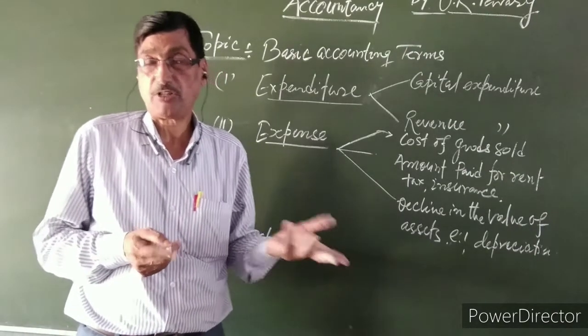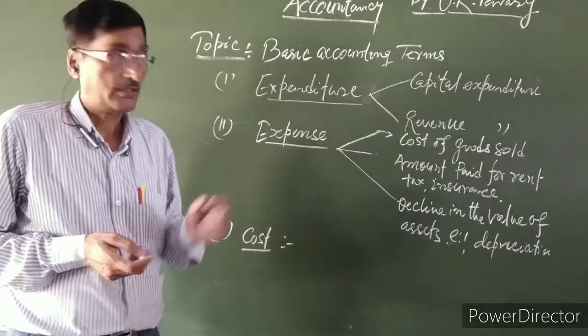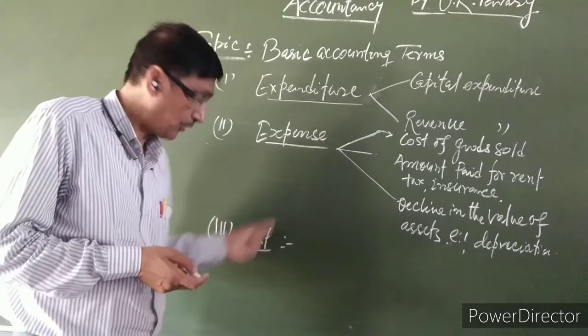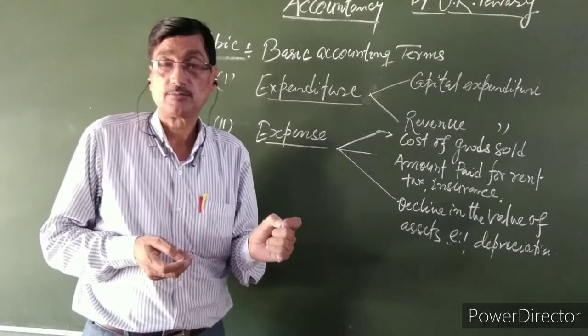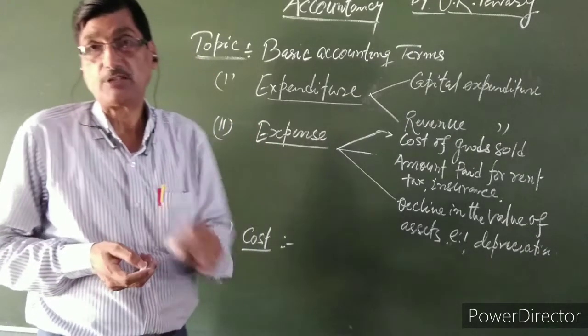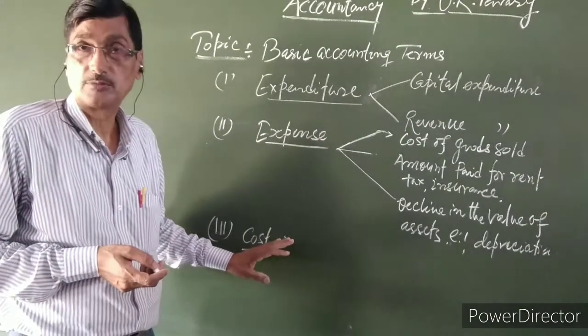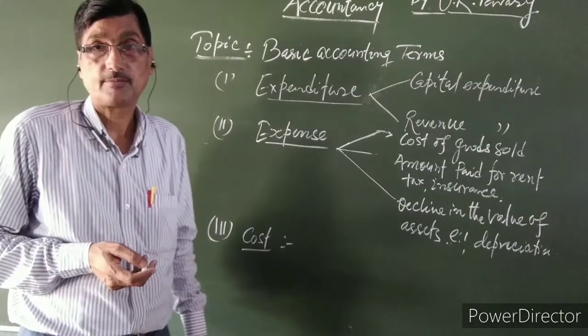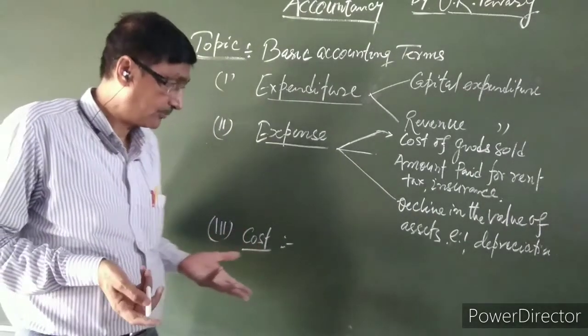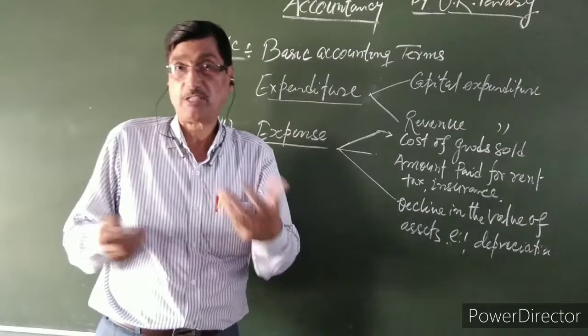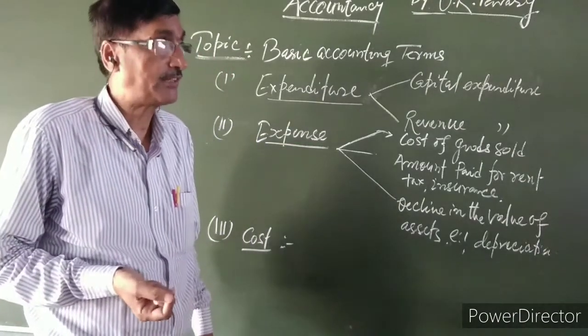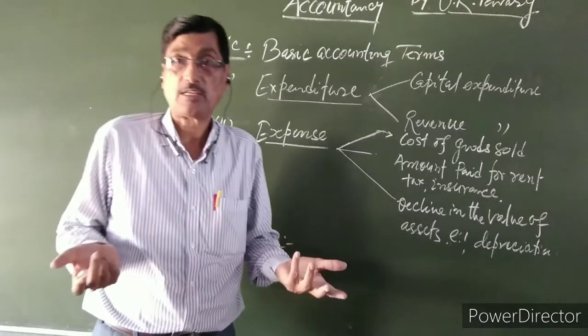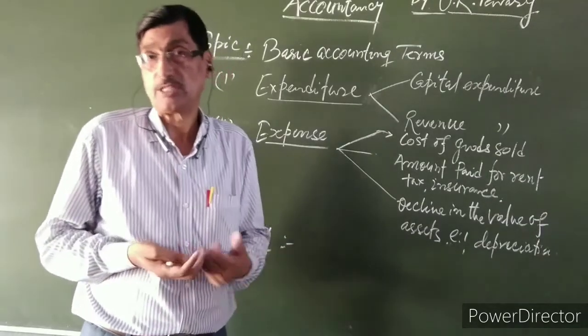Such amount of expense is termed as the cost of such product or services. Normally, whenever any amount is spent to acquire goods and services, we say I have to pay such cost.